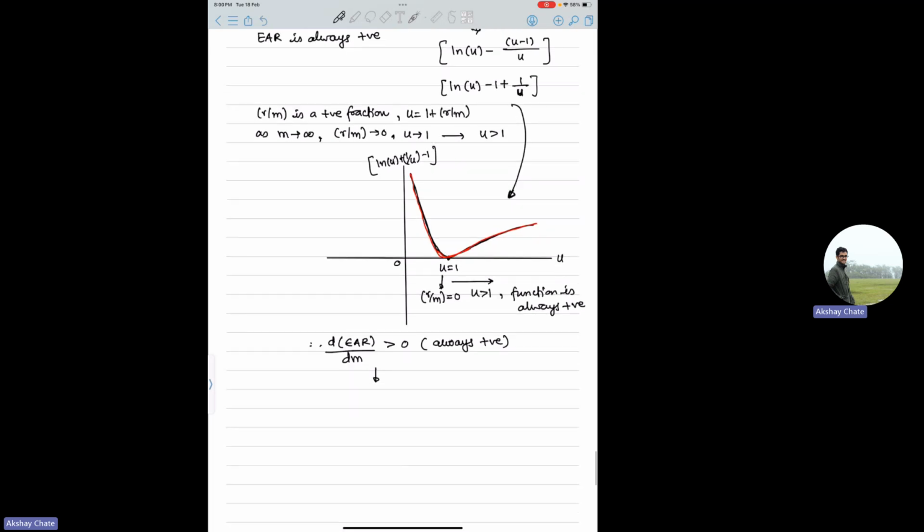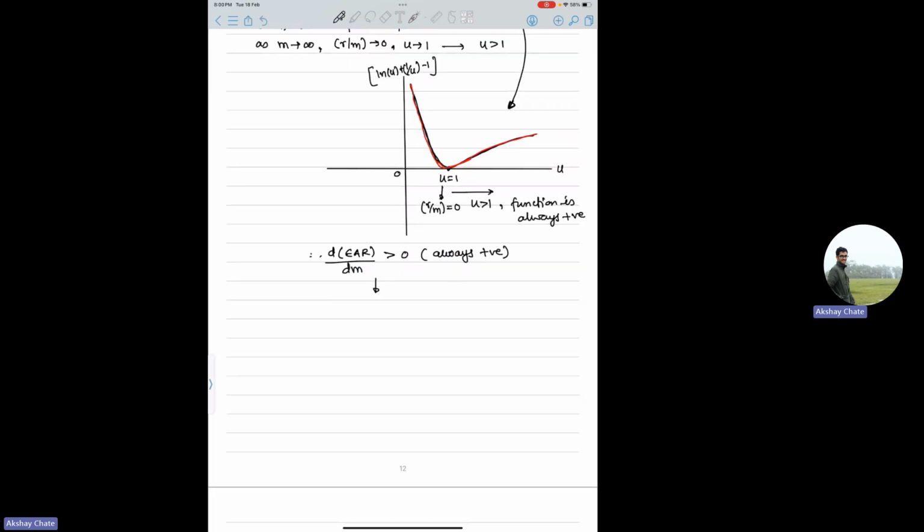So that is what I'm trying to say, that as M increases, your EAR will always increase, and the conclusion is therefore the maximum EAR will be obtained as M tends to infinity, and that is the case of continuous compounding.